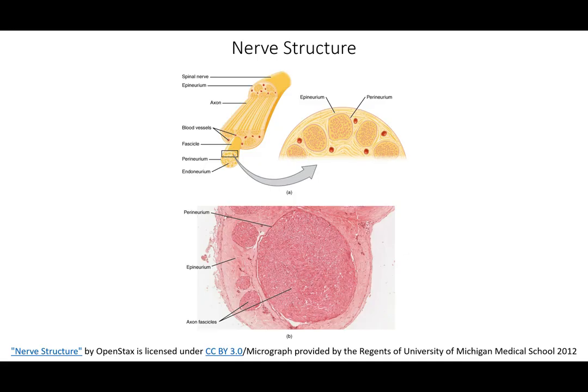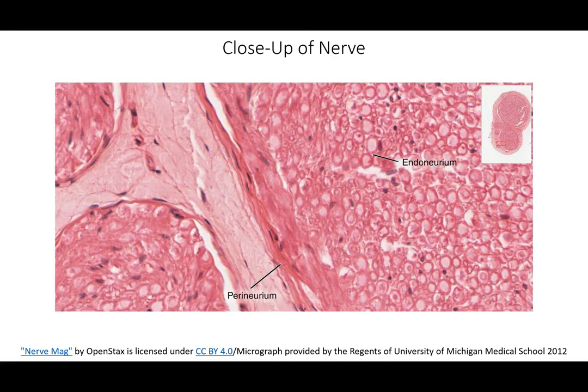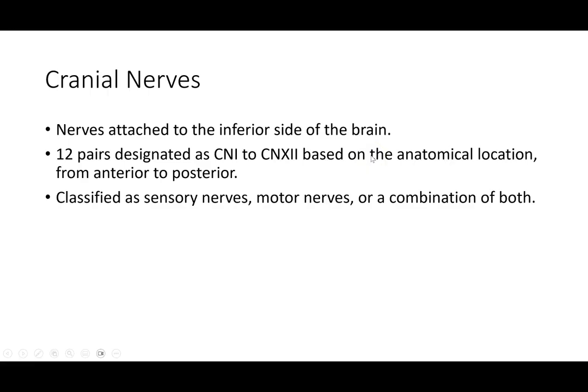So cranial nerves connect into the brain and the cranium, spinal nerves connect to the spinal cord. Right? So here's a very, very close-up view. So this would be a bundle of axons. Here's that perineurium layer right here. And then this would be a single axon with that endoneurium layer around it.